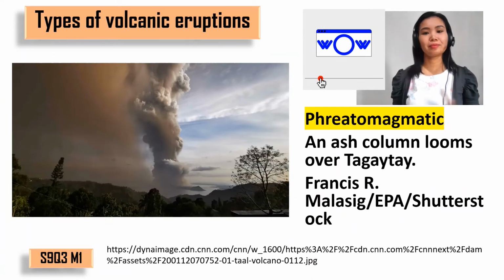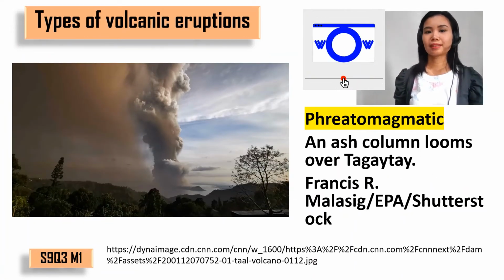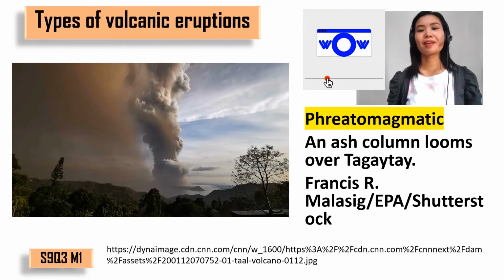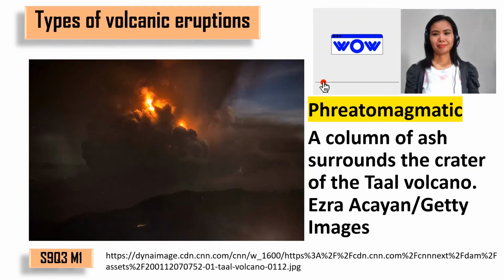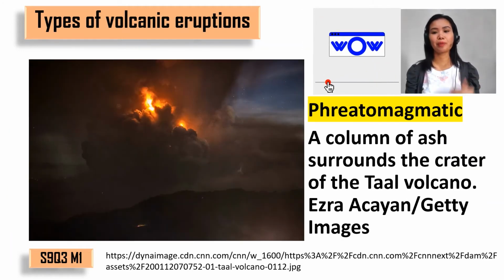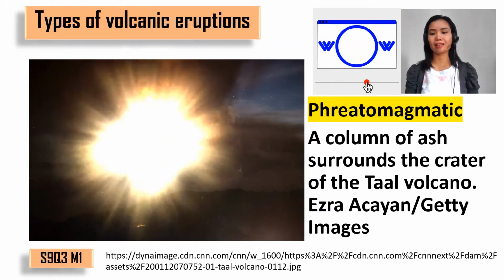And as you can observe from our picture, Taal volcano is also a type of phreatomagmatic eruption. In this picture, you can see a column of ash surrounds the crater of the Taal volcano.